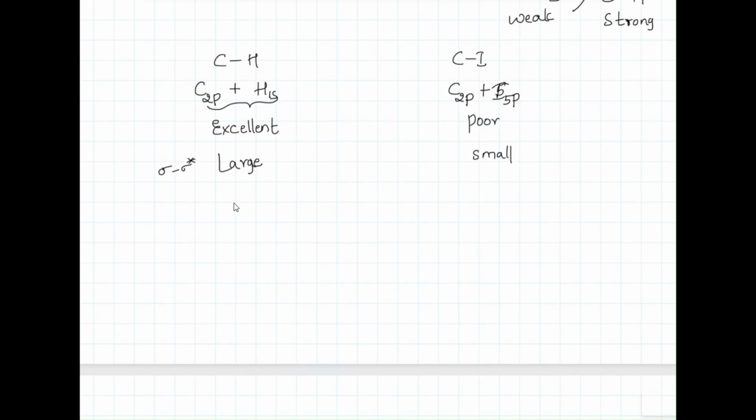And the sigma bond in C-H is in a lower energy state. In C-I, the sigma bond is in a higher energy state compared to C-H.